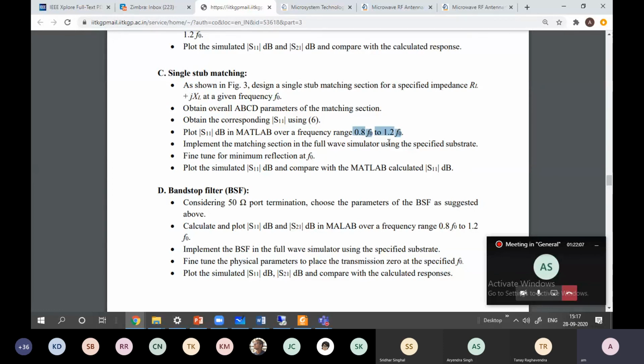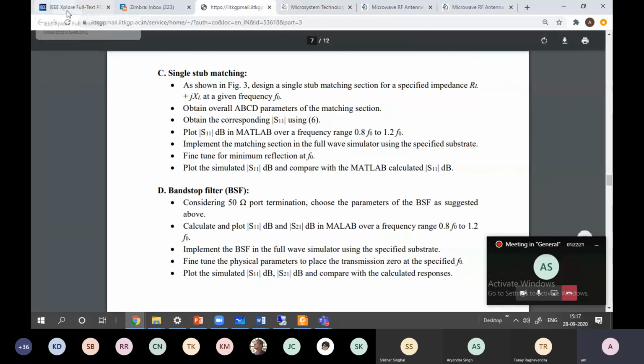Once you have done these things, go with the full wave simulator Ansys HFSS and match the result. Finally, you can compare HFSS and MATLAB, and you will get similar results.